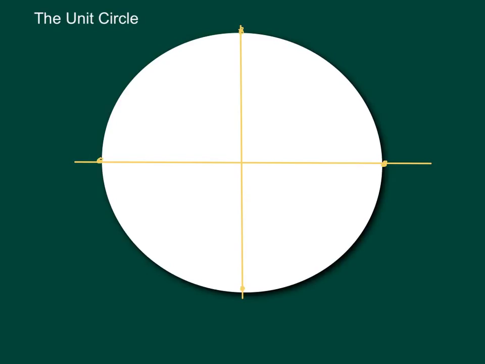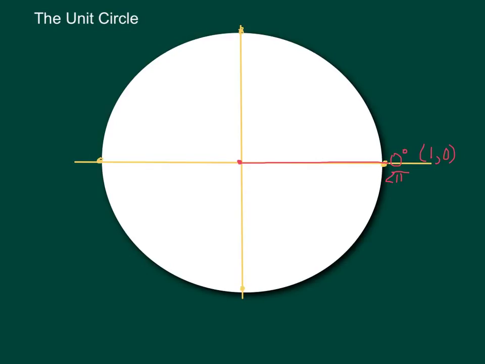that means that from our center, which is (0, 0), this distance is 1 unit long. And this represents 0 degrees or 0 radians. And when you go all the way around the circle, it is also 2 pi radians. And the ordered pair would be (1, 0).